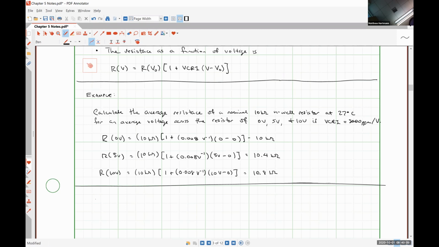So we can observe that the resistance increase due to the voltage coefficient is typically much smaller than temperature coefficient effects.